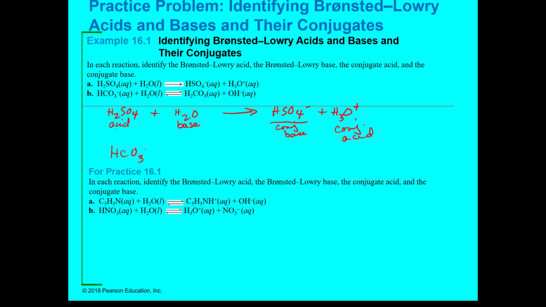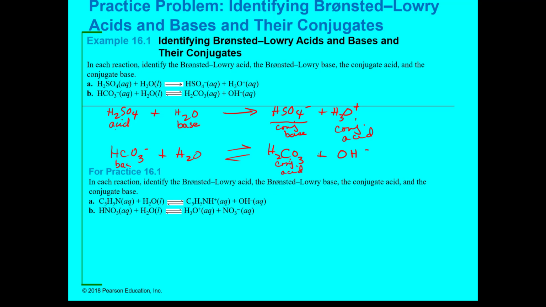HCO3 minus plus water is reversible, giving H2CO3 plus OH minus. So in this case, the HCO3 minus is going to gain a hydrogen, so this is the conjugate acid.